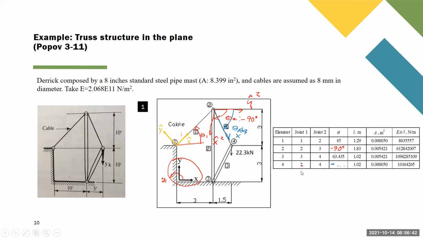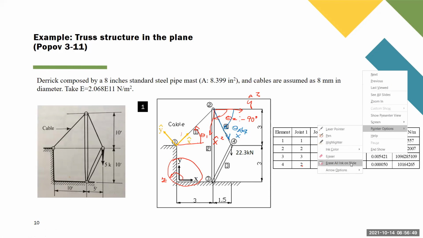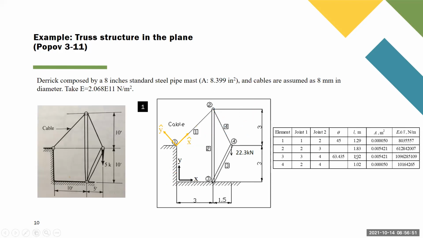Doctor, I have a question. Go on. What happens if I define the direction of the local reference system in another direction, or should I follow the one you defined? There is no problem at all. See, you could define, for example, the reference system of the second element like this.